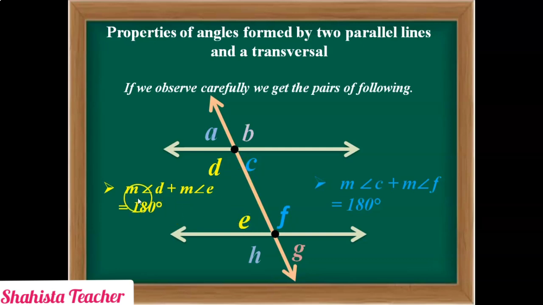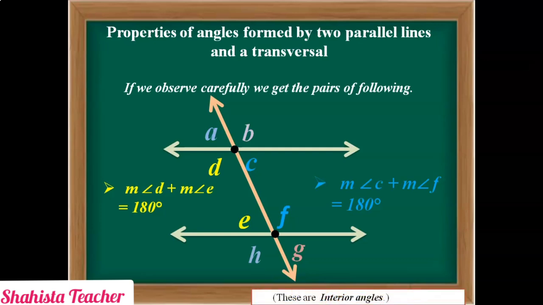So measure of angle D plus measure of angle E is equal to 180 degree. Similarly, measure of angle C plus measure of angle F is equal to 180 degree. They form a linear pair of angles, and both are interior angles.